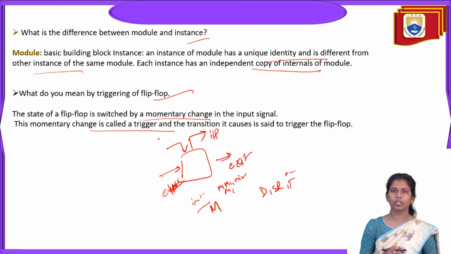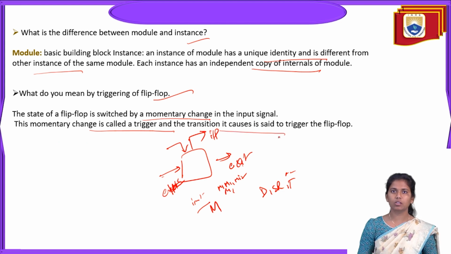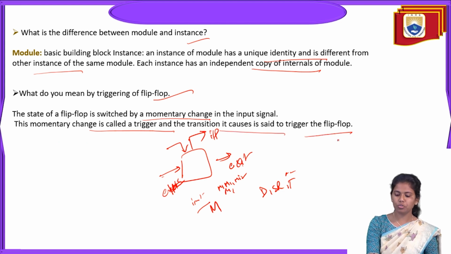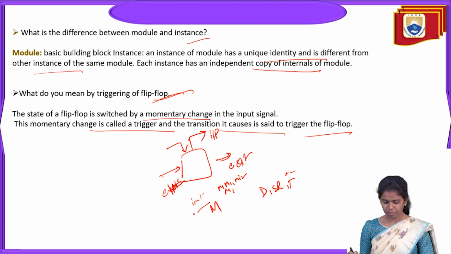Abrupt changes that you observe in the input are nothing but the triggering. The transition that is caused is said to trigger the flip-flop. The abrupt transitions or changes that occur are the trigger, and they can cause the flip-flop to trigger. That is the triggering of a flip-flop.